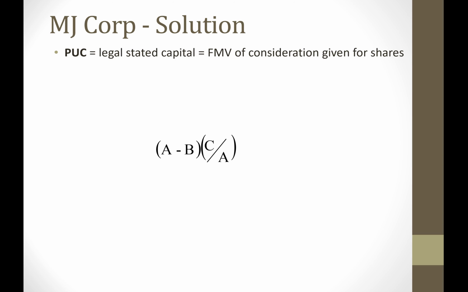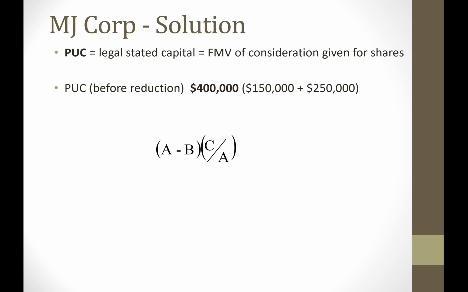Now the PUC of the shares is different from the ACB. The PUC of the shares is equal to the fair market value of the consideration given for the shares. So in this example, the PUC before any reduction is going to equal 400,000. The fair market value of the preferred shares was 150. The fair market value of the common shares was 250.